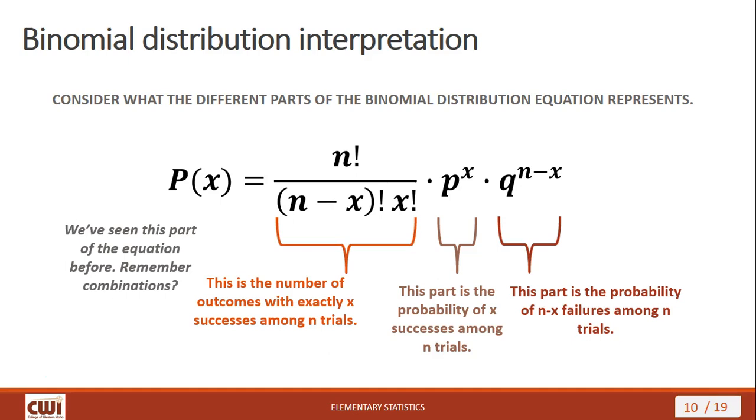So we're going to do a sort of complement calculation there as well. So total number of trials is n. If x of them are successful, then n minus x will be the number that failed. This then comprises the parts for calculating probabilities according to the binomial distribution.